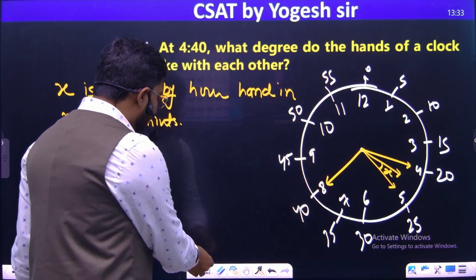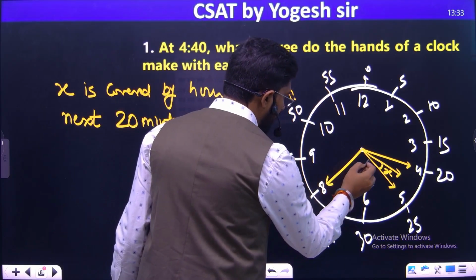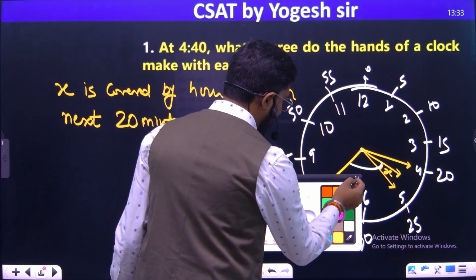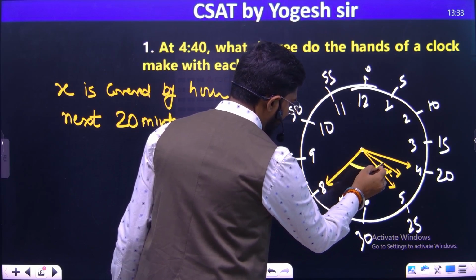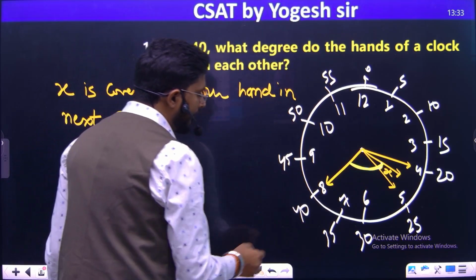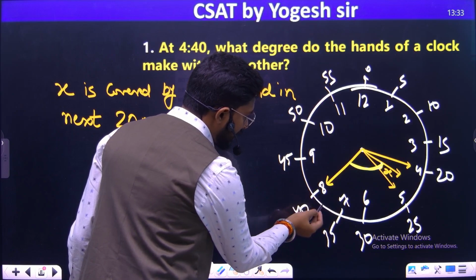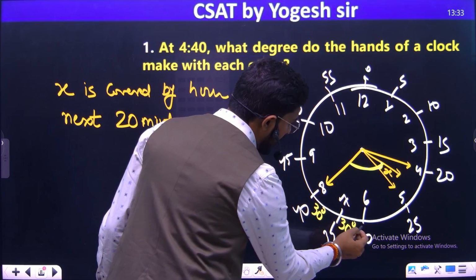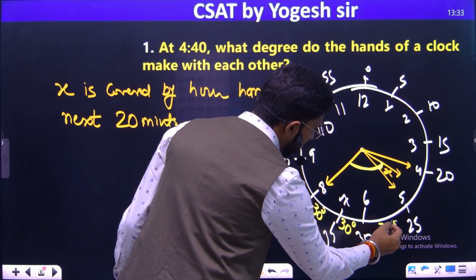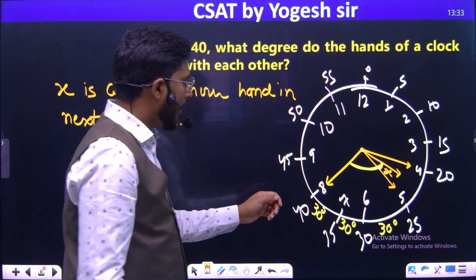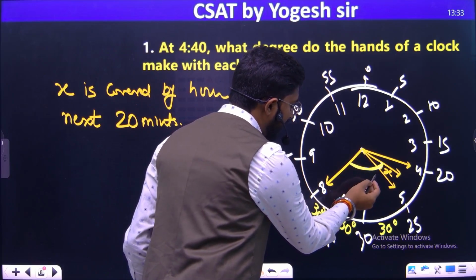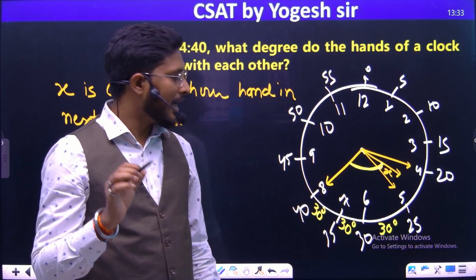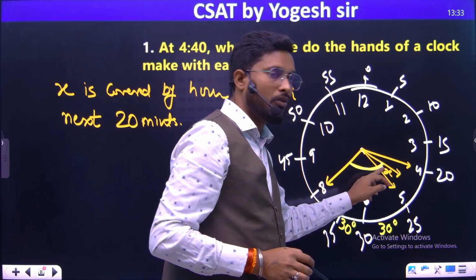So your required angle for this question is this angle. The angle between 8 and 12, 12 and 7... the value of each is 30 degrees, 30, 30 and 30, that is 90 degrees.